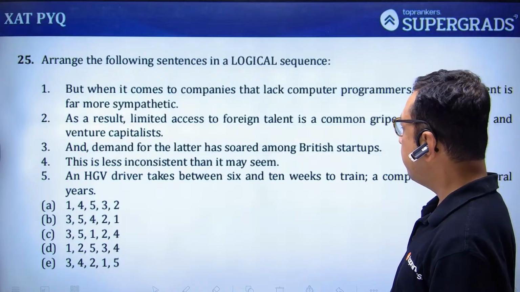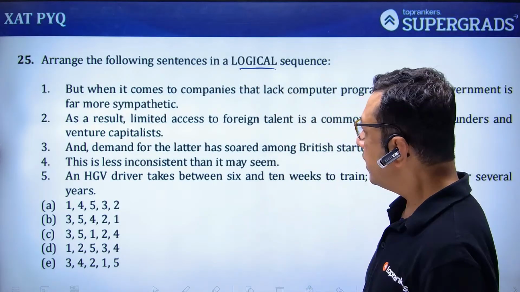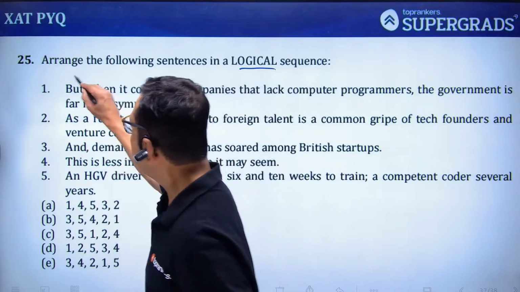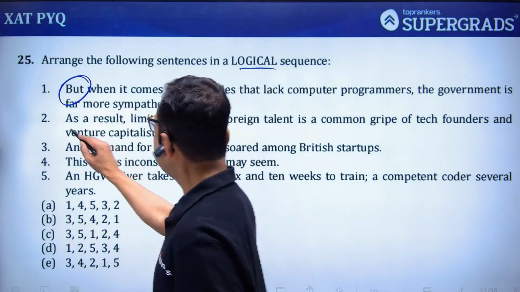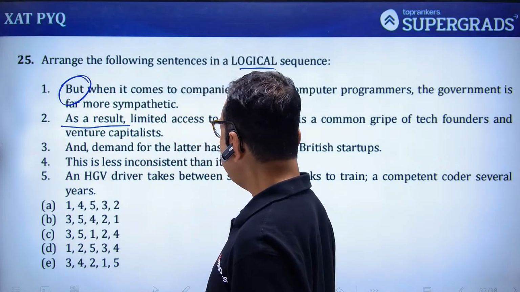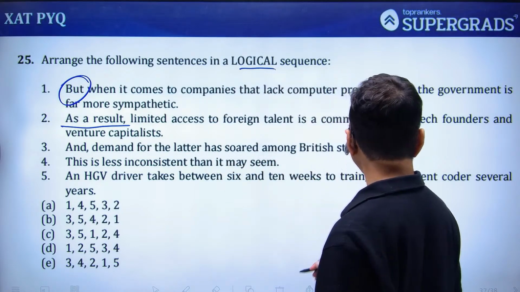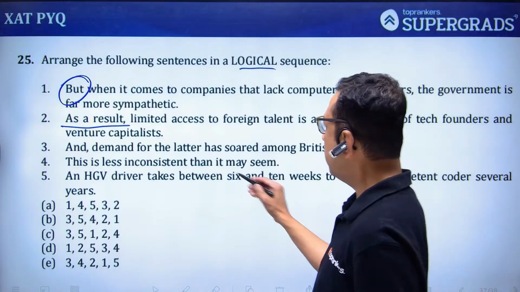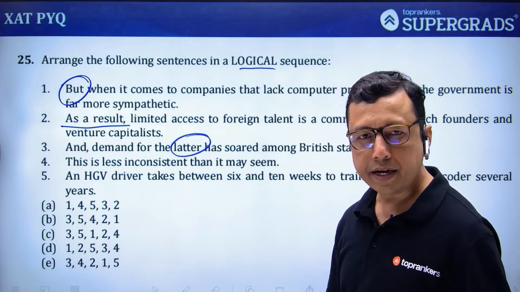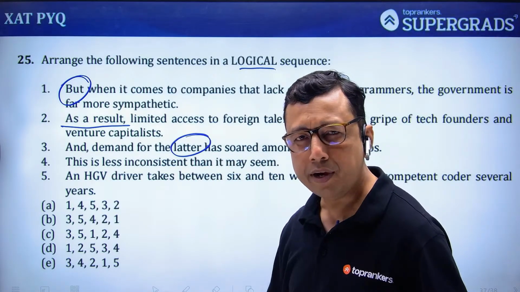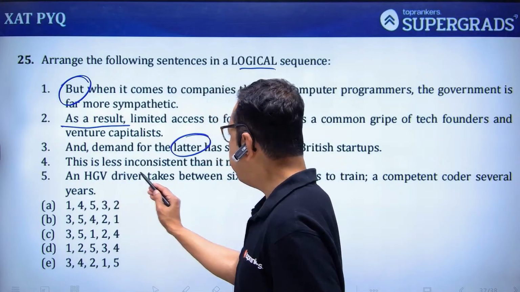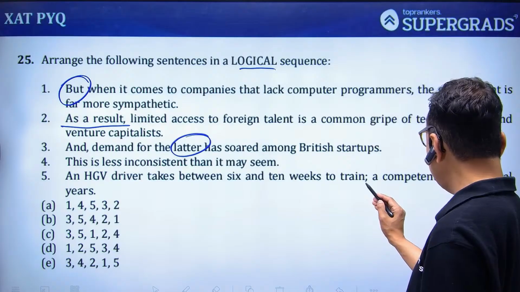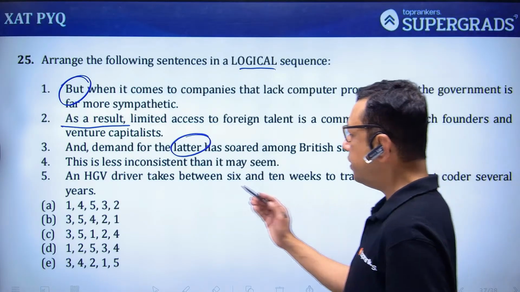Arrange the following sentences in a logical sequence, right? Again, just to highlight that there are certain questions which can be quickly solved. And then there is a key connector here, the latter. ठीक है? कितनी जल्दी you can quickly identify the links here. An HGV driver takes between 6 and 10 weeks to train, a competent coder several years.